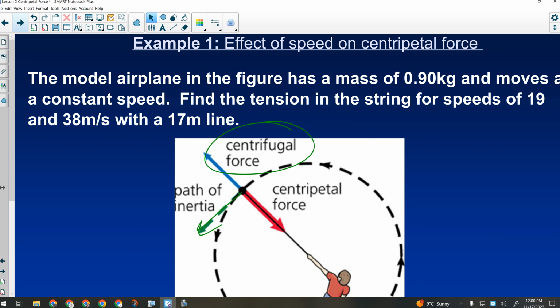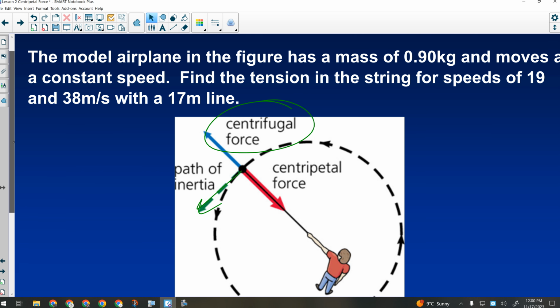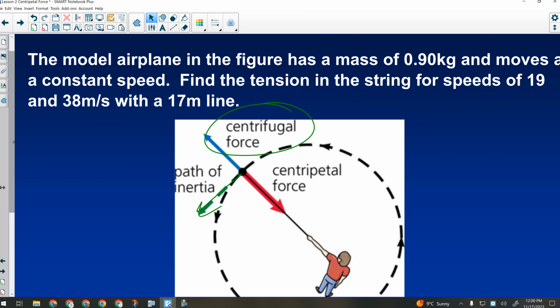All right, so we just want to demonstrate here the effect of different speeds on how much force would be required to keep something in a circle. Okay, so we know my formula is mv squared over r. I have a 0.9 kilogram mass. It's going 19 meters per second on a 17 meter long line.